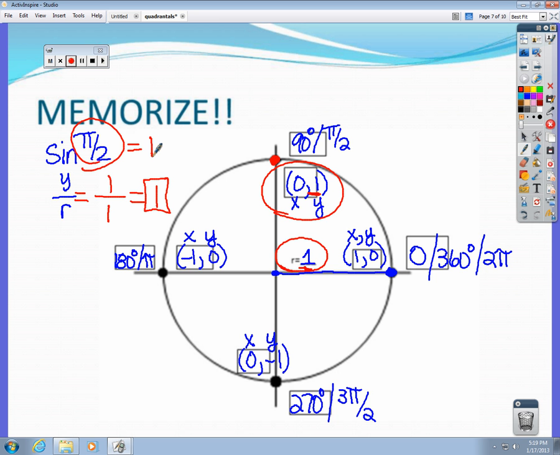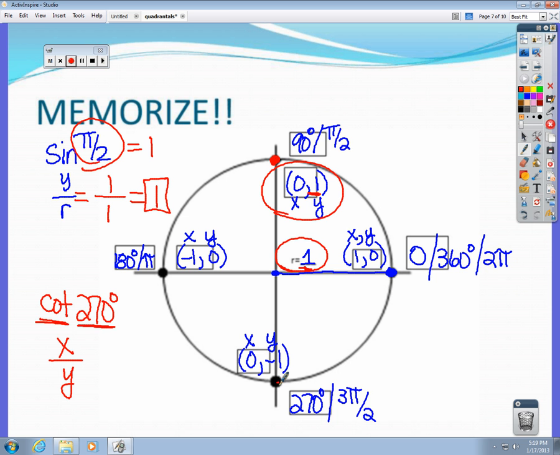Let's try another one. Let's say we're going to do the cotangent of 270 degrees. Okay, again, the first part tells you which formula to use. So for cotangent, the formula is x over y. And the 270 is going to tell me which numbers to use for x and y.